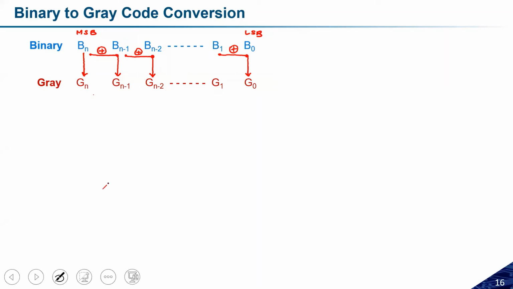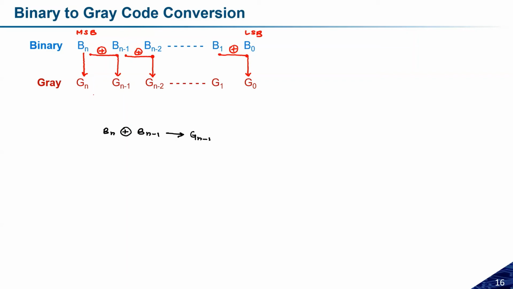In simple words, you can write it in a mathematical way: Bi XORing with Bi minus 1 will give you Gi minus 1.